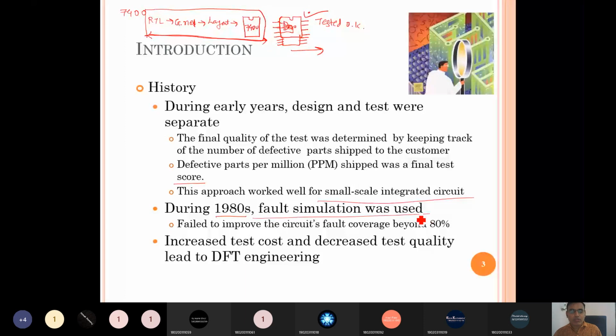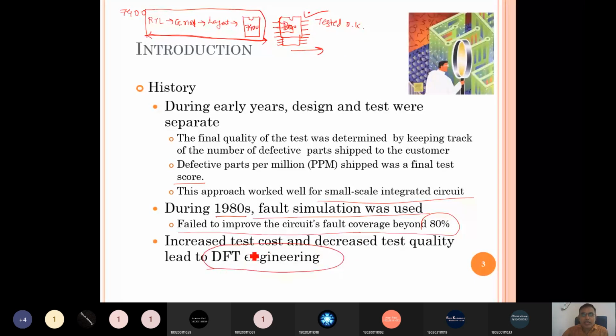Fault simulation was started to be used. Now, fault simulation failed to improve the circuit fault coverage beyond even 80%. So the increase in test cost and decrease in test quality led to DFT engineering, right?